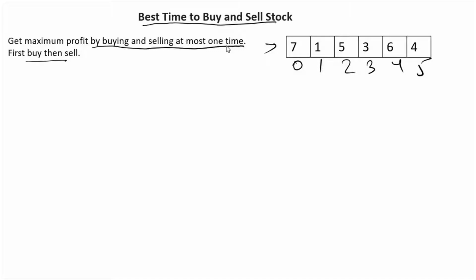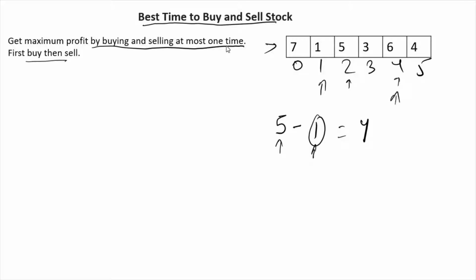For example, when we buy on the first day, we can buy at 1, and suppose we can sell on the second day or the fourth day. Suppose we sell on the second day at 5, and we bought at 1 rupee, so our profit is 4.